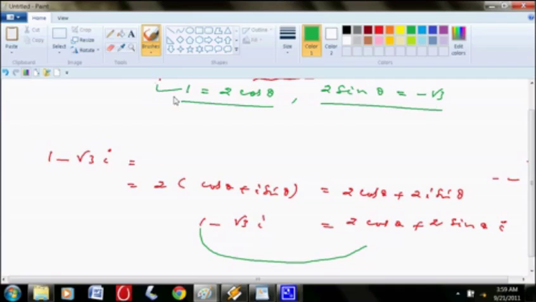This is a better one that can give me the value of theta. So you can make out that cos theta is 1 by 2. I'm not touching this side. Now this is cos of 60, which is pi by 3.